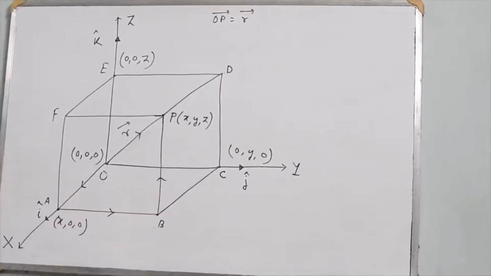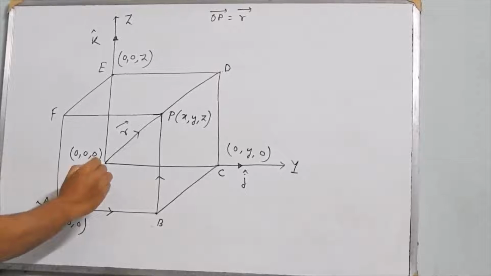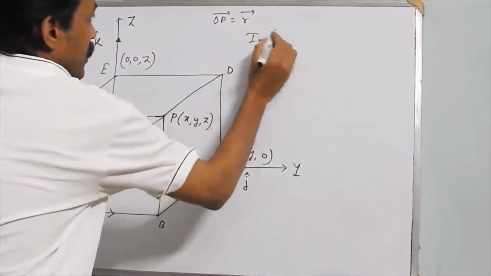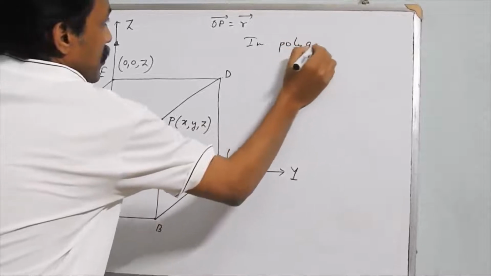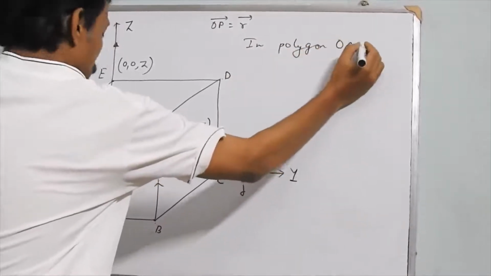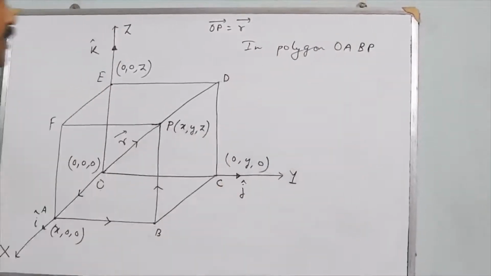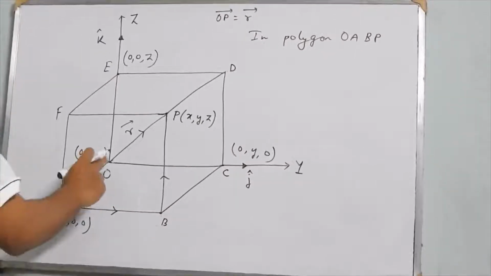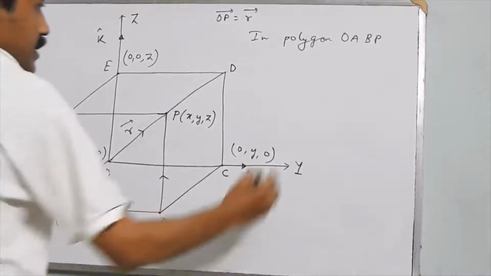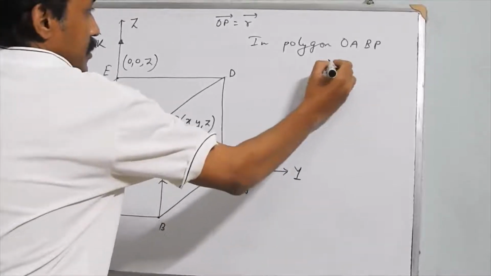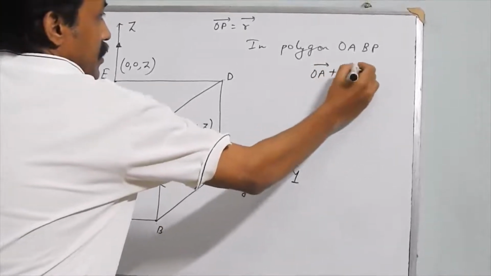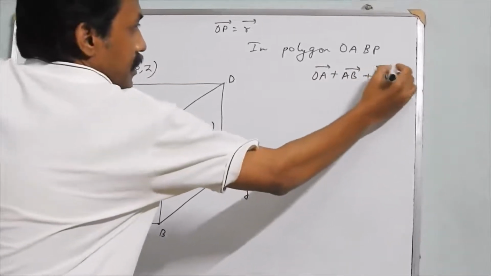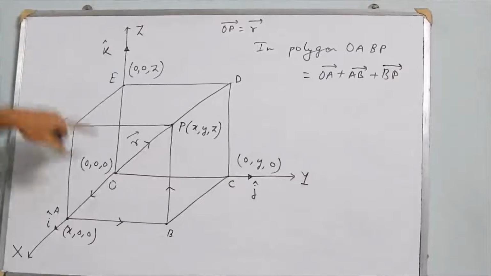Now, if you see the polygon OABP, and apply the polygon law of vector addition, you can write OA vector plus AB vector plus BP vector is equal to OP vector.